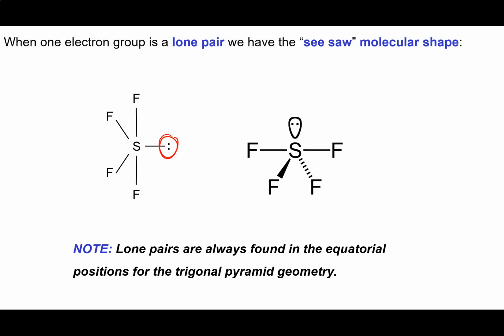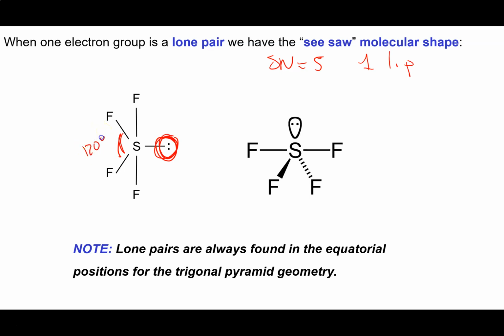So when I have a steric number equals 5 molecule with one lone pair, this lone pair goes in the equatorial position. And what I'm left with is my two axial atoms, and then I've got two of my atoms remaining that were from the equatorial group. They've got 120 degrees. Didn't write that very well.